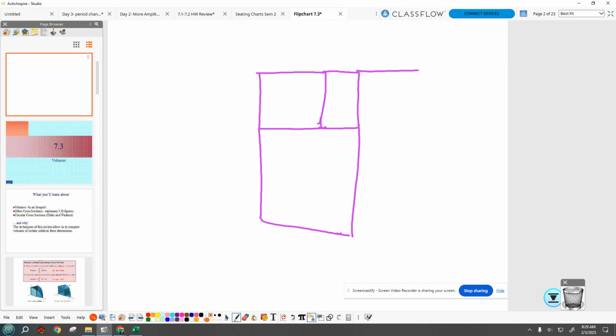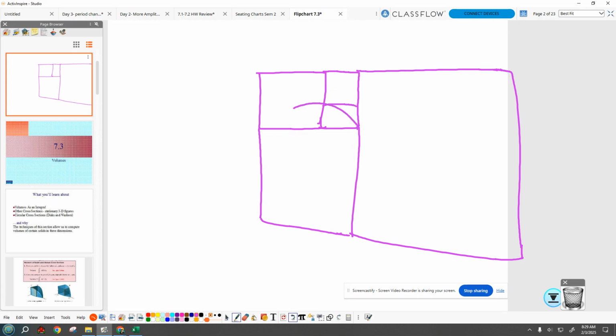And another square this way, or maybe we go smaller. Have you seen that before?